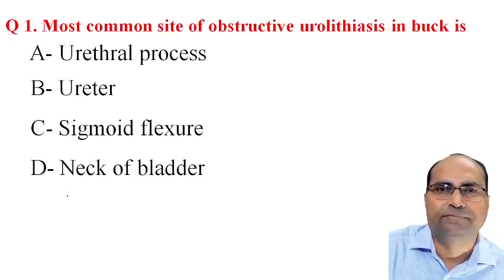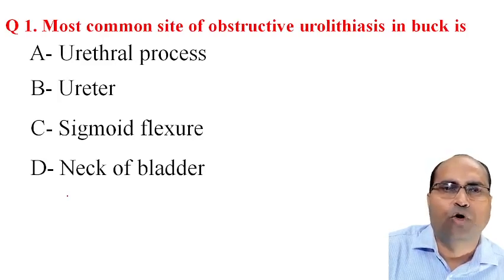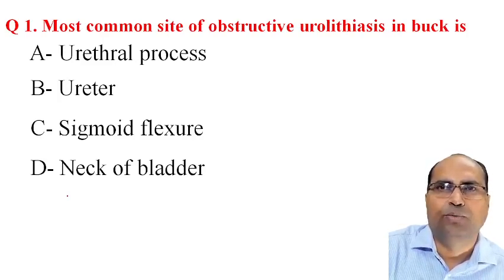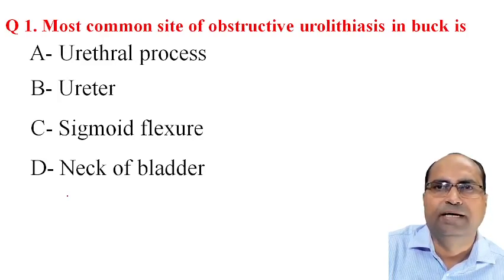Question number 1. Most common site of obstructive urolithiasis in buck is: option A, urethral process; option B, ureter; option C, sigmoid flexure; option D, neck of bladder.